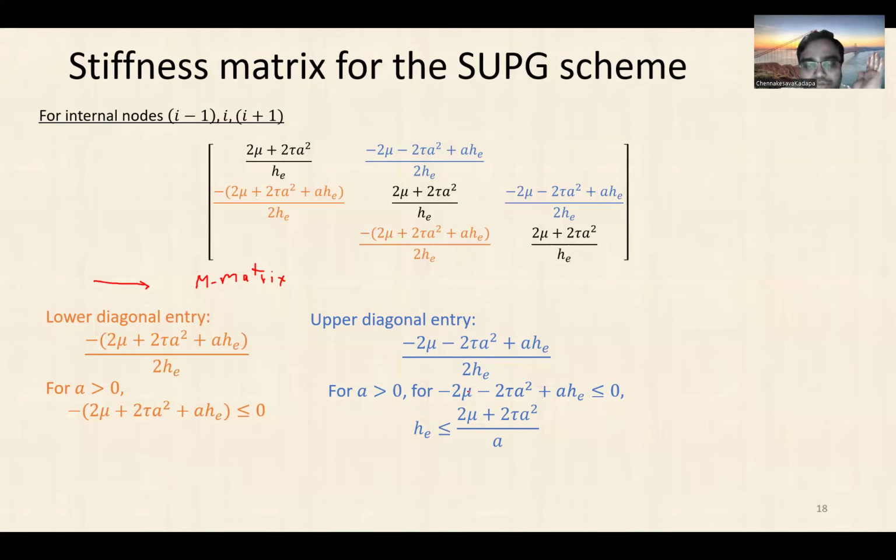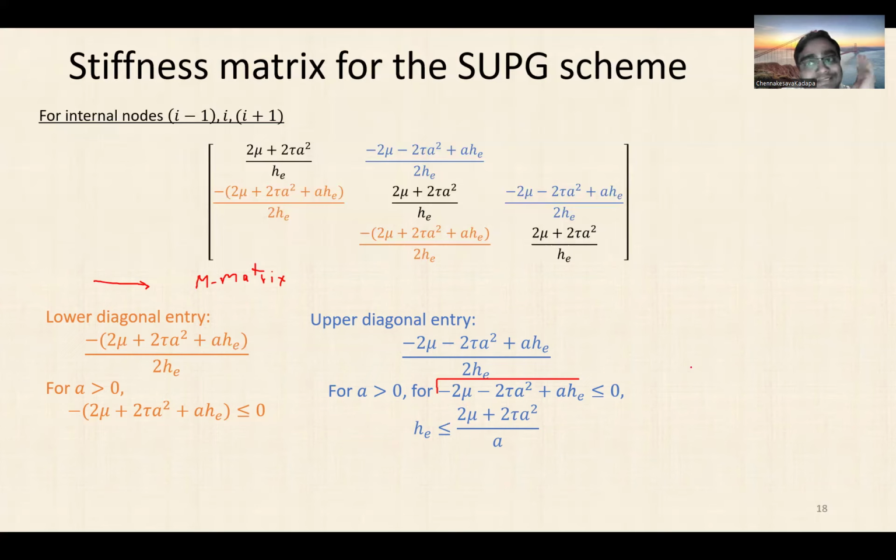So minus 2 mu minus 2 tau A squared plus AHE, this whole expression, should be less than or equal to 0. From this, we can derive the condition for HE. The element length HE should be less than or equal to this expression in order for the stiffness matrix to be an M matrix.